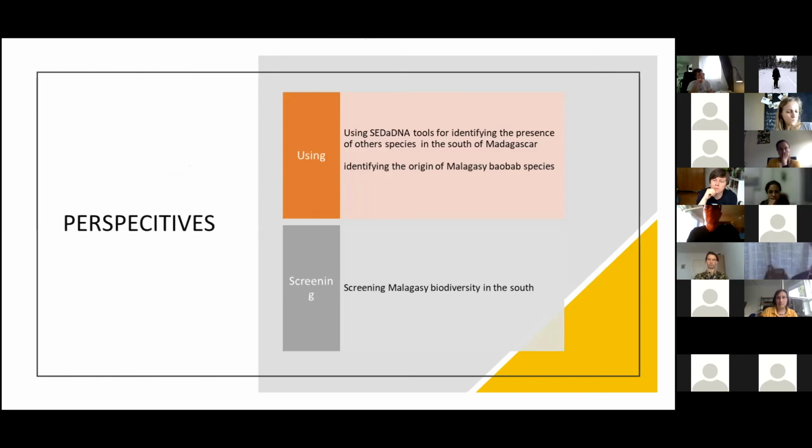So as a perspective, it's my dream, but as I said, as a botanist, I'm not sure how to say that, how to be the future collaborationist. But I'm very happy to have this symposium to tell you all about the baobabs and all about Madagascar.